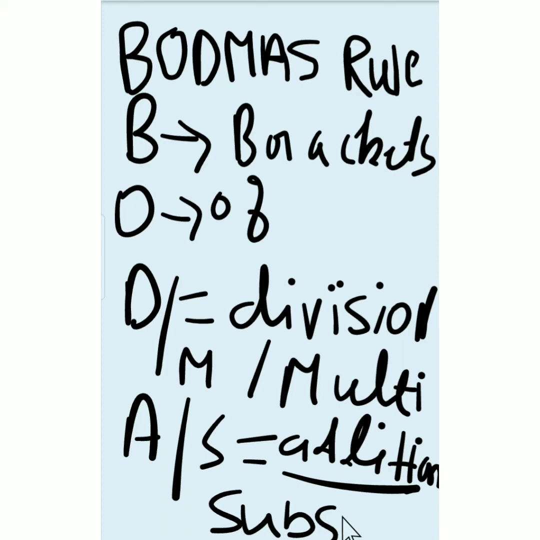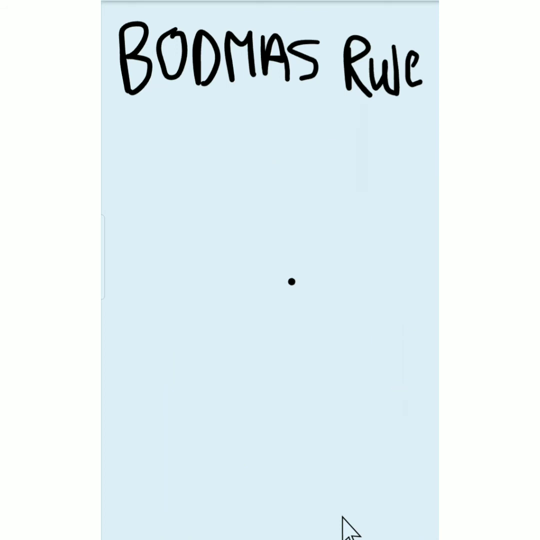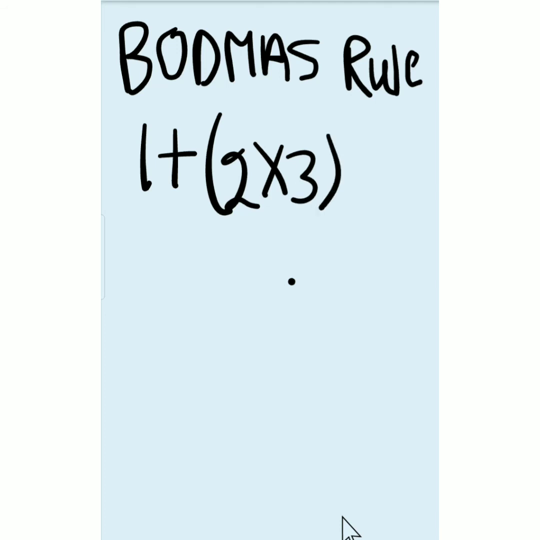Alright guys, that was all about the BODMAS rule, but to know more about it, let's consider an example, because without an example we won't get the whole concept of BODMAS rule. So we have this example: one plus 2 times 3 divided by 2.